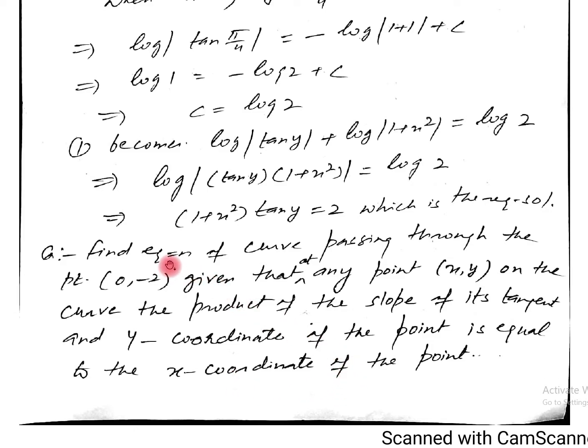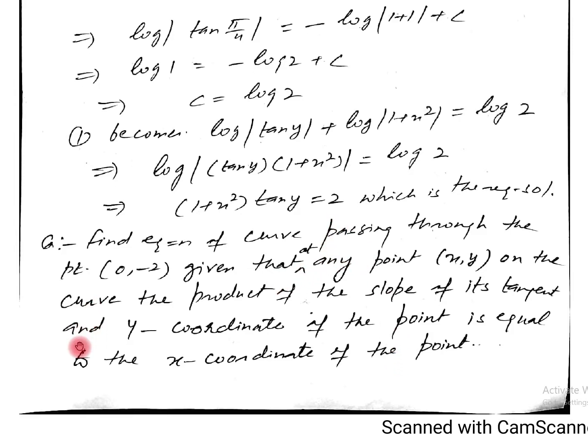Read the question carefully. The product of the slope of the tangent and y coordinate means the product of dy/dx into y is equal to the x coordinate of the point.